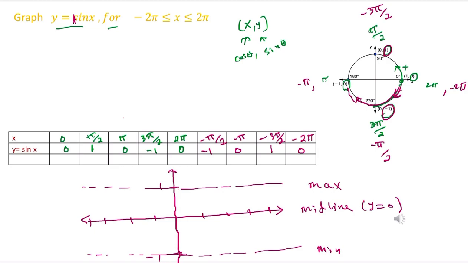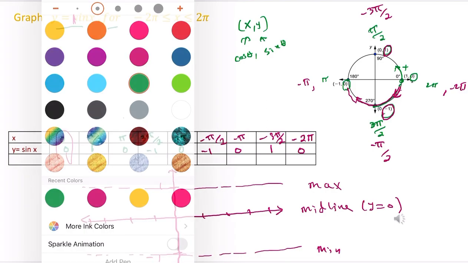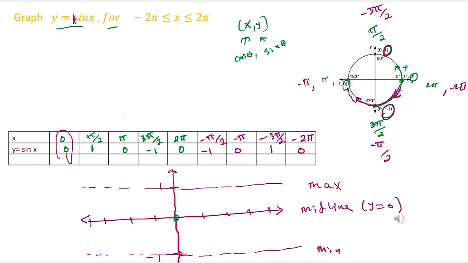When it's 0, it's 0. Let me get a different ink for graphing it. I'll go with the green again. Now I should have labeled the scales first.